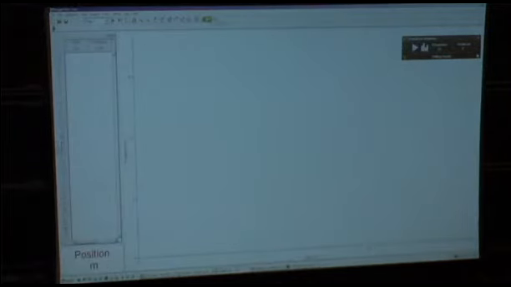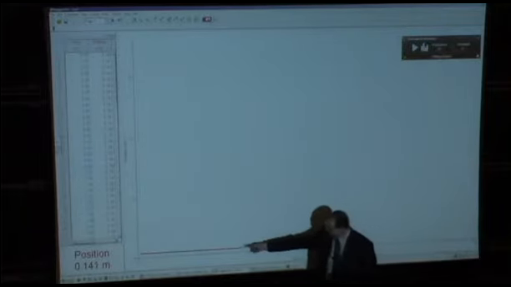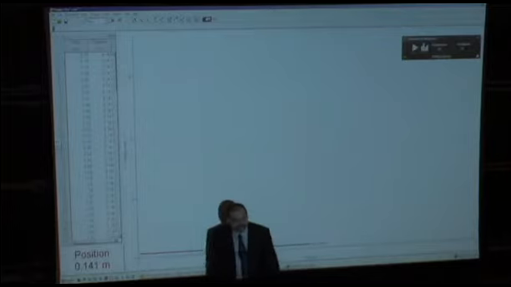The case number 1. Time is running. The position doesn't change. How do we call it? Rest. The object is at rest.